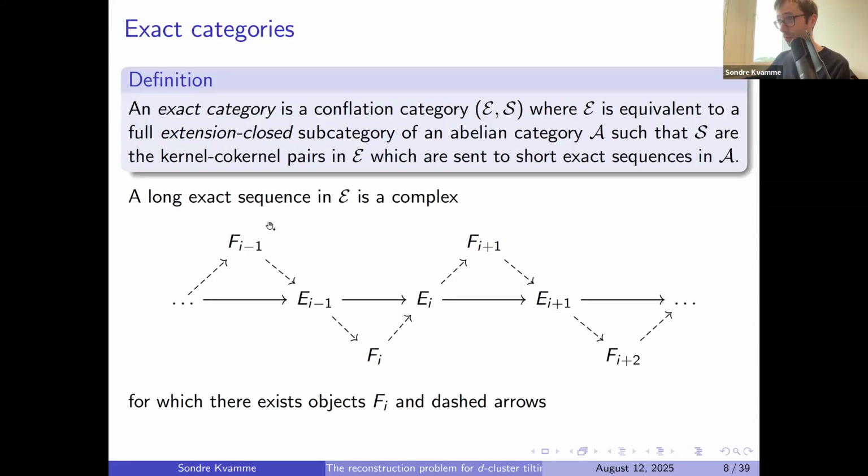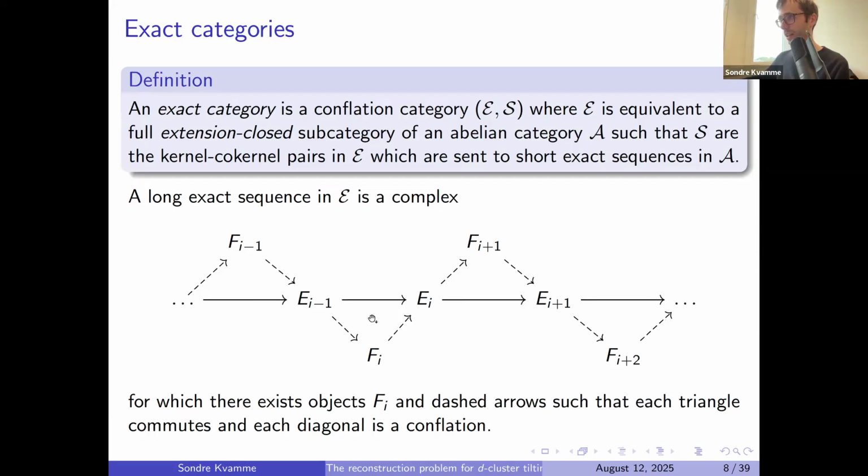Namely, you have objects f_{i-1}, f_{i+1}, f_{i+2}, and morphisms as indicated by the dashed arrows, such that first, each triangle, the triangle e_{i-1}, f_i, e_i, the triangle e_i, f_{i+1}, e_{i+1}, all of those triangles commute.